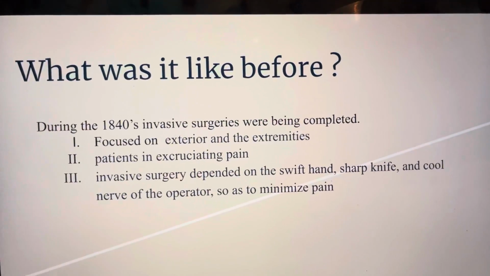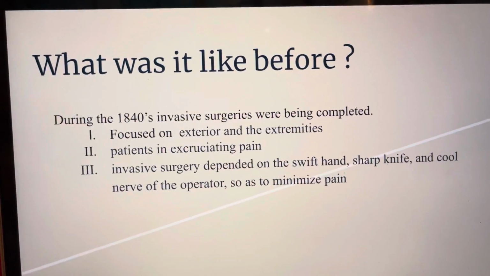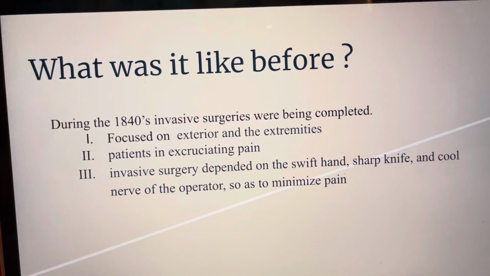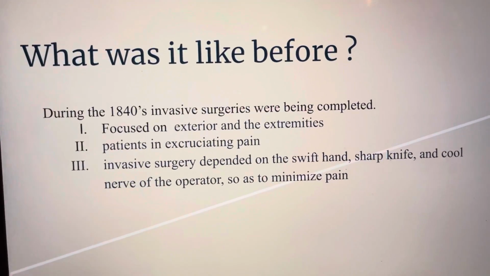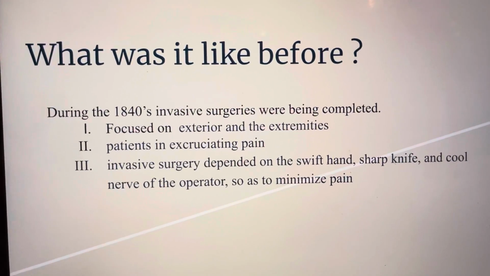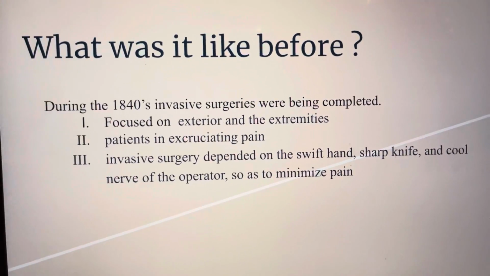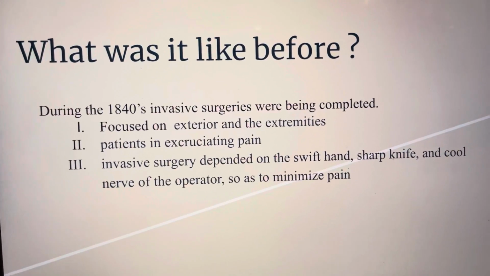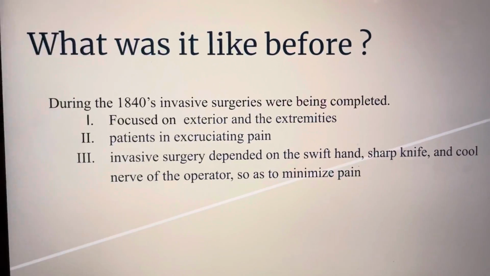So basically, surgeries were always being done. Home remedies were used to heal wounds and things. However, when surgeries began, they were being done invasively, around the 1840s, to be exact.